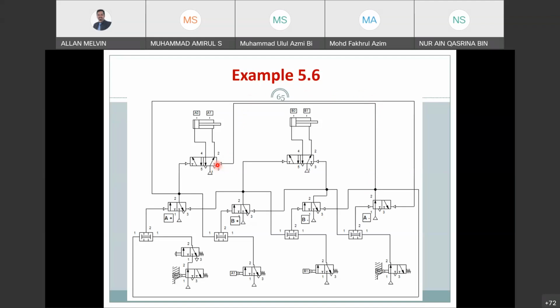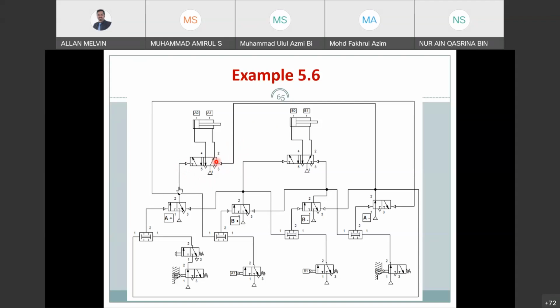The function will be reversed, so it depends on where you give it. You can give it on the right side or the left side, depending on your sequence. If you want the cylinder to extend, you give it on the left side. If you want your sequence to retract, you give it on the right side. So it depends on where you give it.